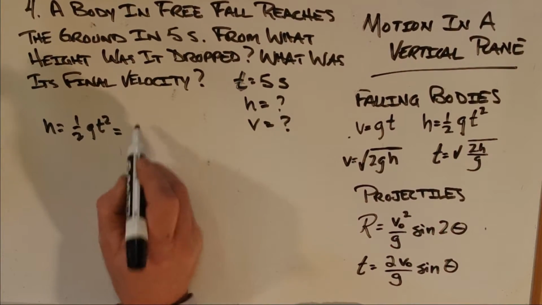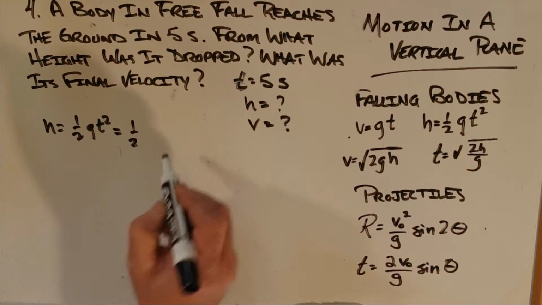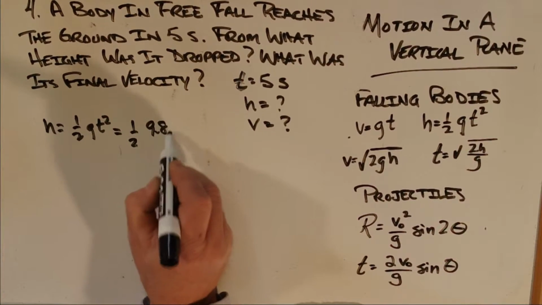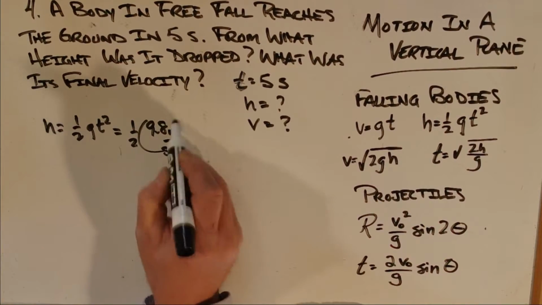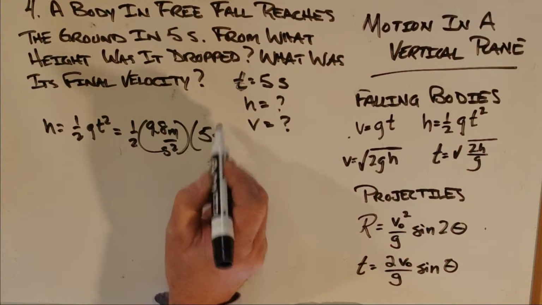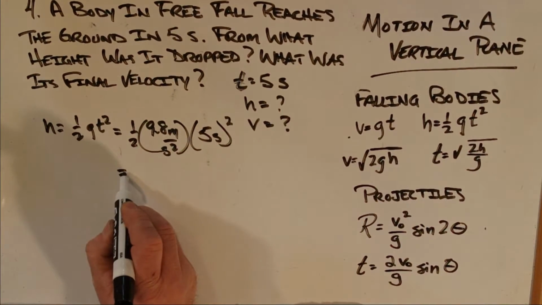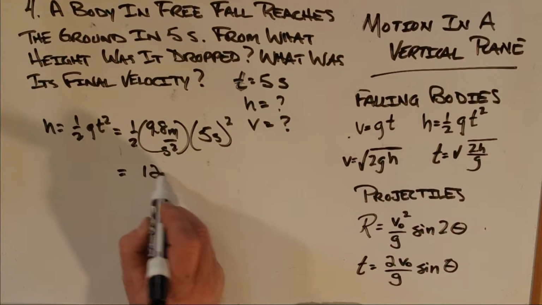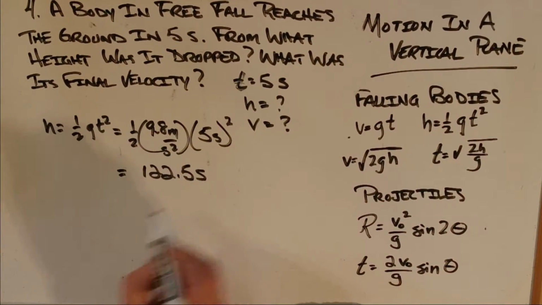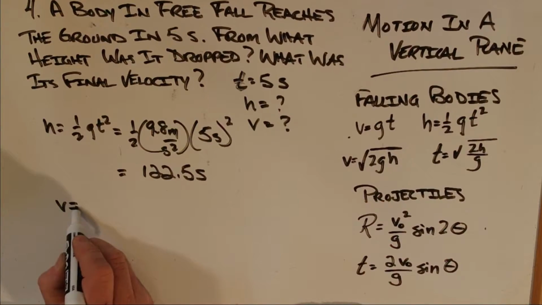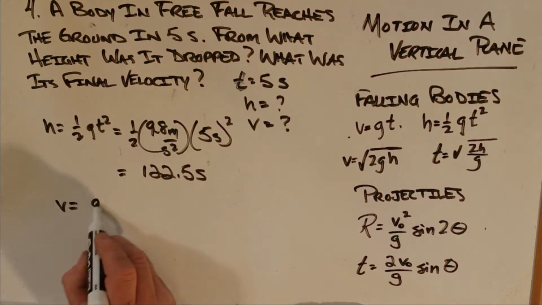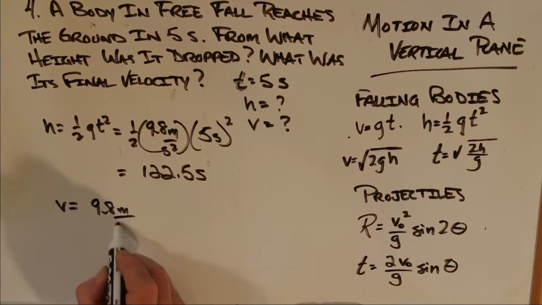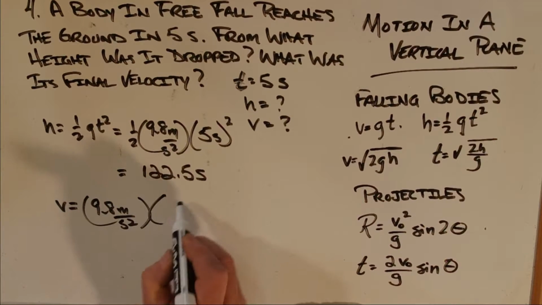And so again, we can use the equation for height is equal to 1/2 times the gravitational constant times time squared. So 1/2 times 9.8 meters per second squared times 5 seconds squared to come up with a value for the height of 122.5. That should be meters.